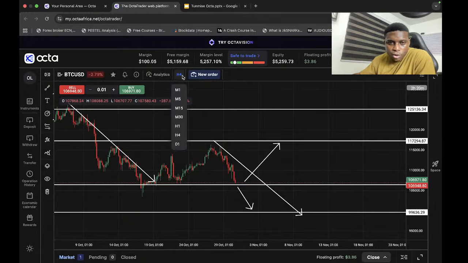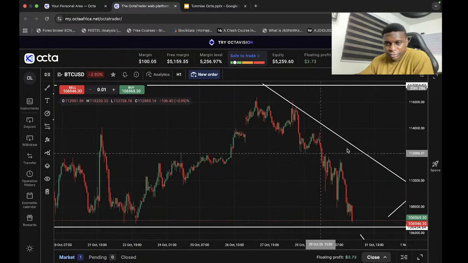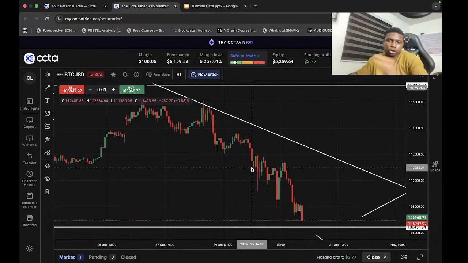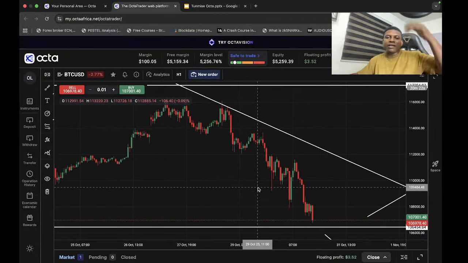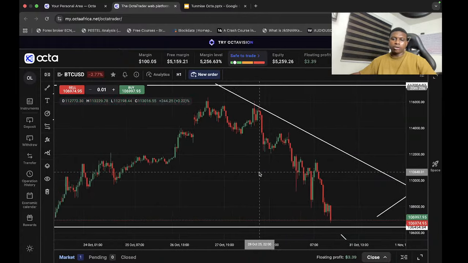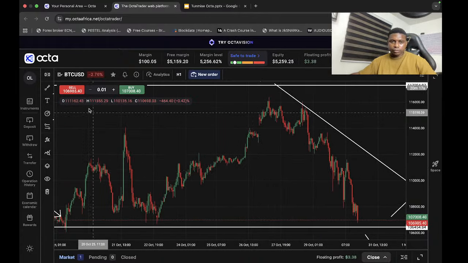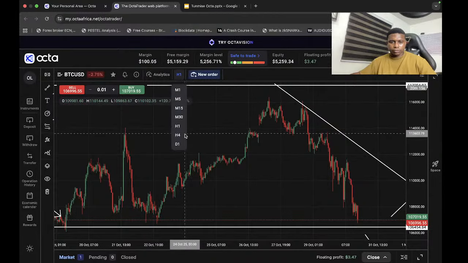Now let's go down to the 1 hour time frame. Clearly we can see that there is so much noise on the 1 hour time frame, right? However, it is still giving strong bear momentum in the market.